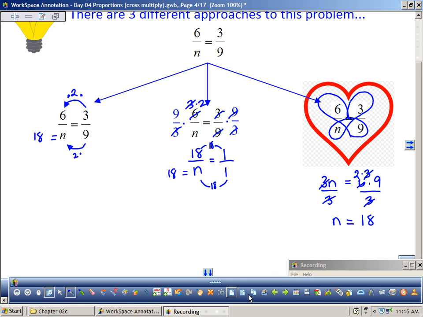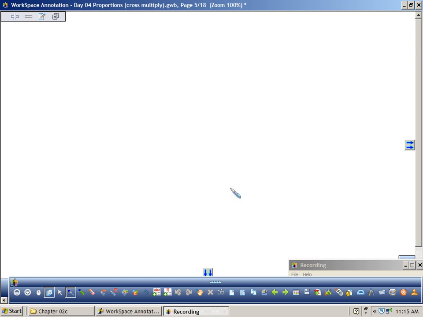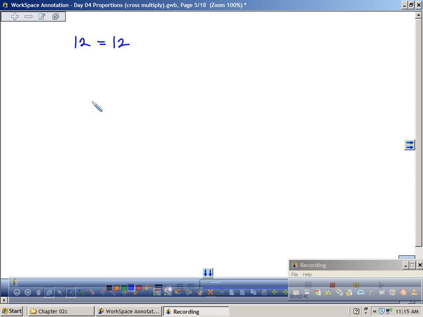All right. Before I get to the lesson, I think I want to prove something to you. Okay, so check this out. Does 12 equal 12? Does 3 times 4 equal 2 times 6? Does 3 times 2 times 2 equal 2 times 3 times 2?